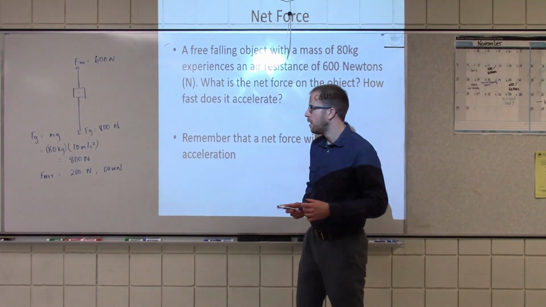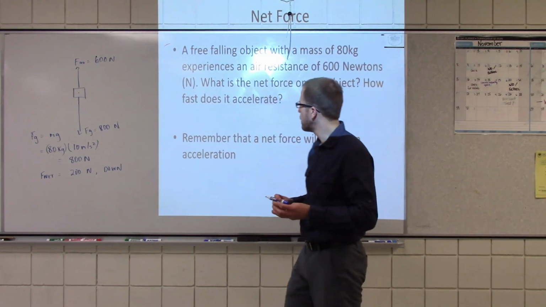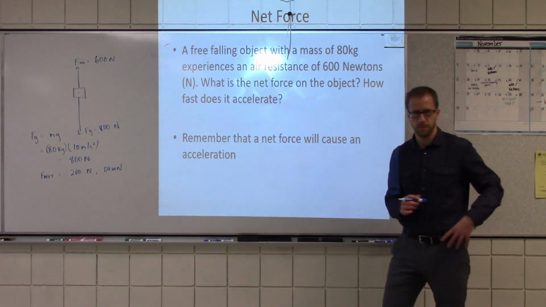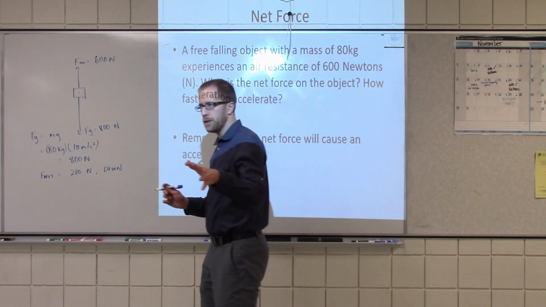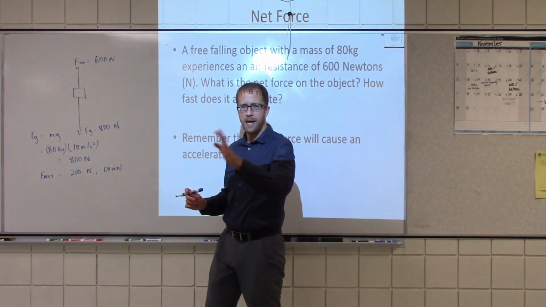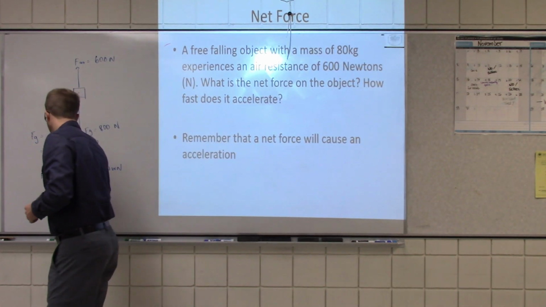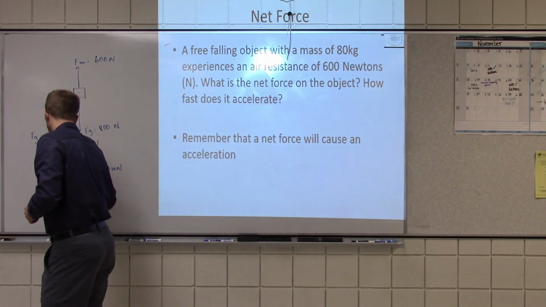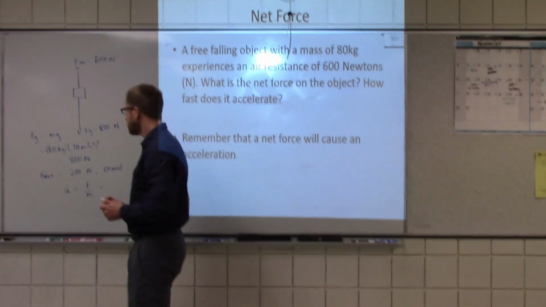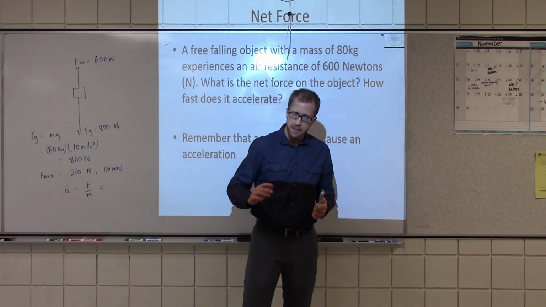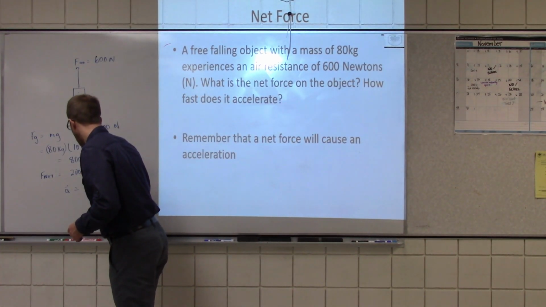Now, how then can I figure out my acceleration? What is my acceleration equal to? Rearrange that formula. Newton's second law is F is equal to ma. What is a equal to? Yes, my acceleration is my force divided by my mass. And here, when we are finding acceleration, we must use net force.